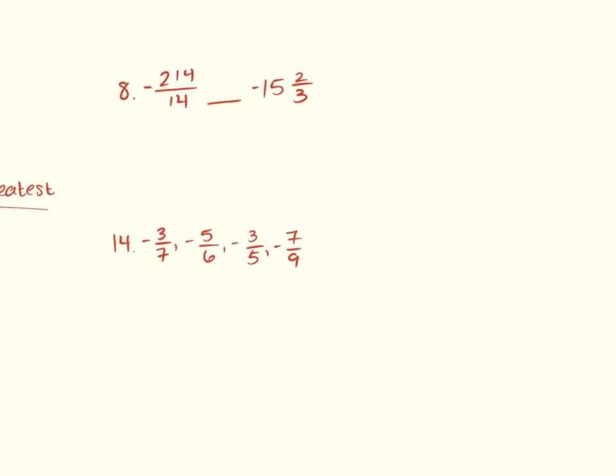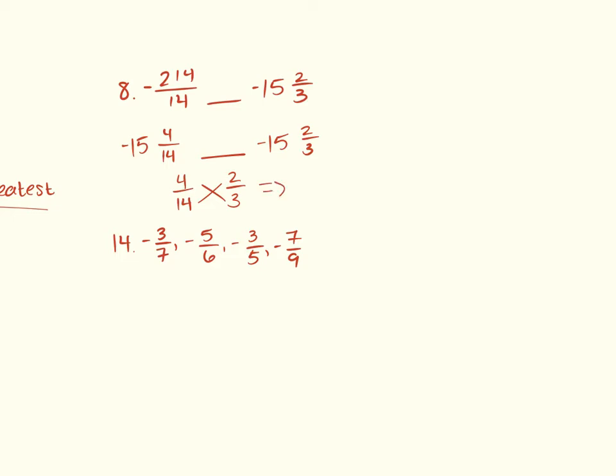For 8, our numbers got really big really fast. So what I'm going to do is rewrite the fraction on the left as a mixed number. I end up getting -15 and 4/14, and I'm going to keep the one on the right the same. Now, since the whole numbers are the same, we just need to compare the fractions. So we're going to cross multiply the fractions, 4/14 and 2/3.